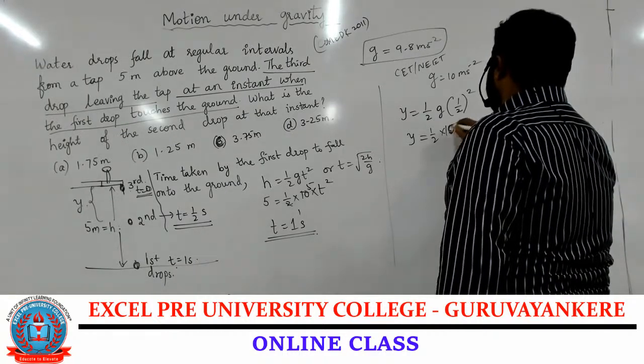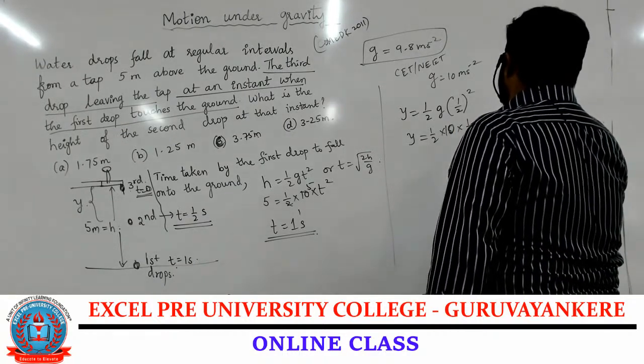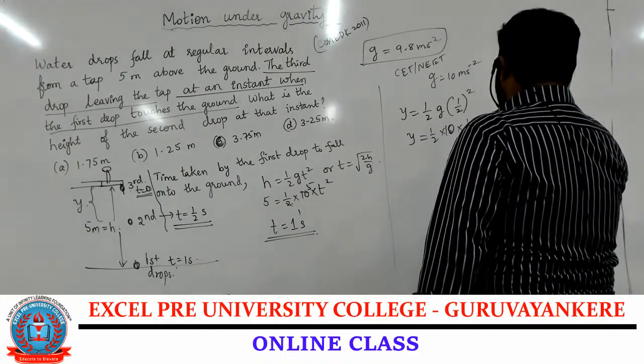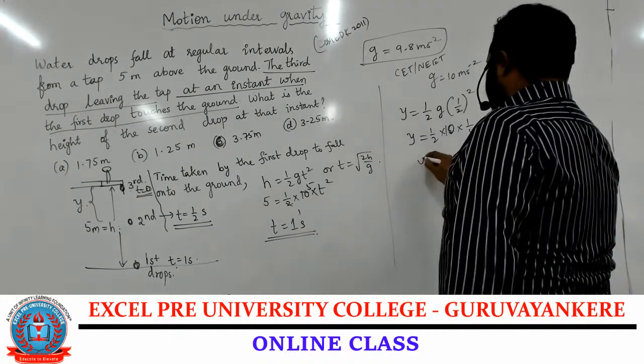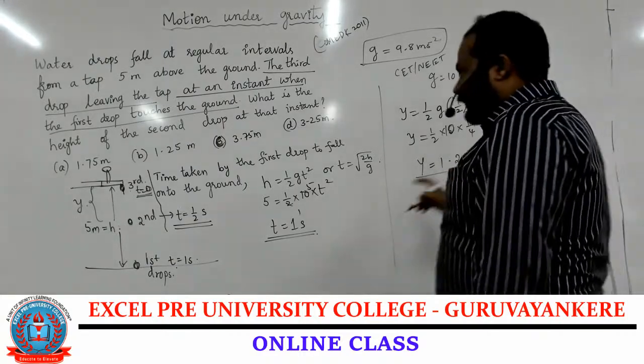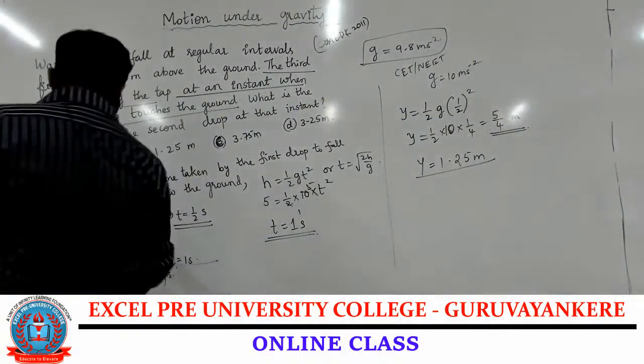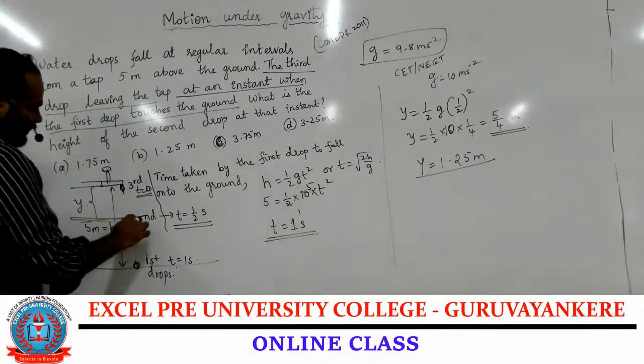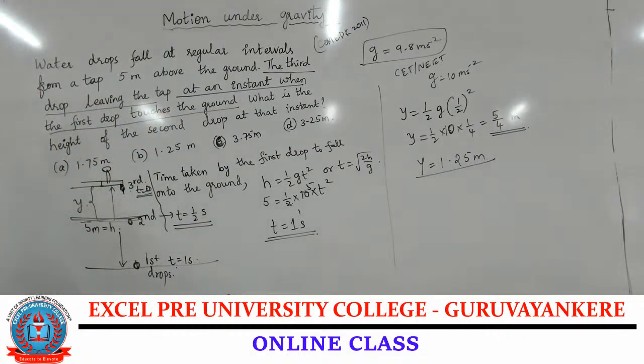Sorry, 10. So it is 5 by 4 meter. So y is 1.25 meter, the displacement of the second drop.